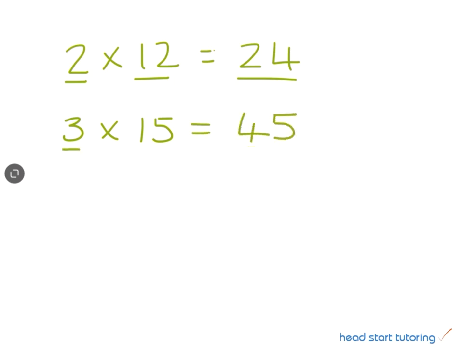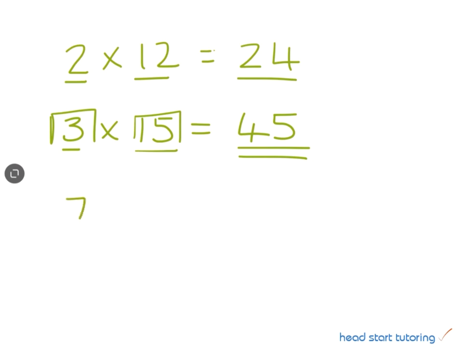That makes 3 a factor of 45, and 15 is therefore also a factor of 45 because they both fit into 45 perfectly. This also means that 45 is a multiple of both 15 and 3.